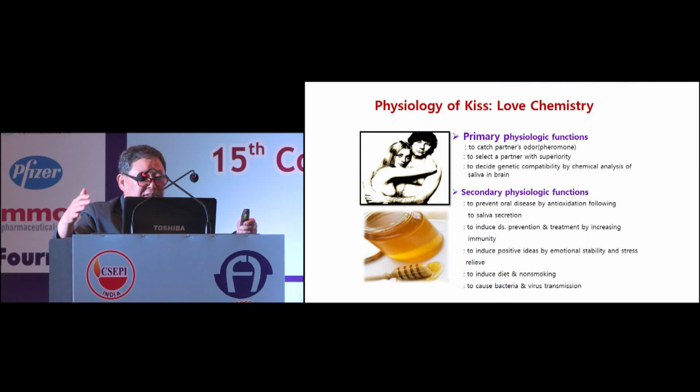We can see the physiologic effect of a kiss through love chemistry. The primary physiologic functions of a kiss are to catch partners' odors, like pheromones, to select a partner with superiority, and to decide general compatibility by chemical analysis of saliva in the brain.